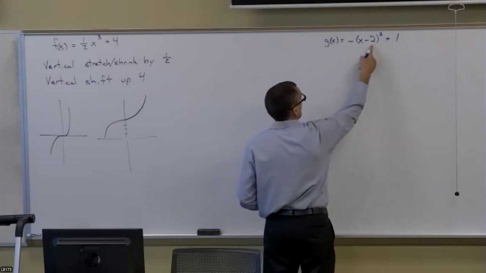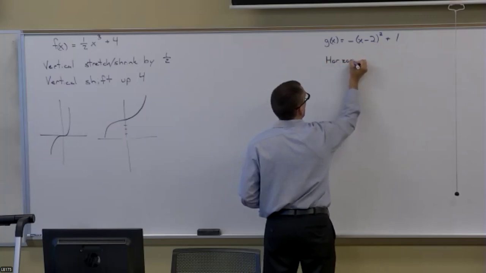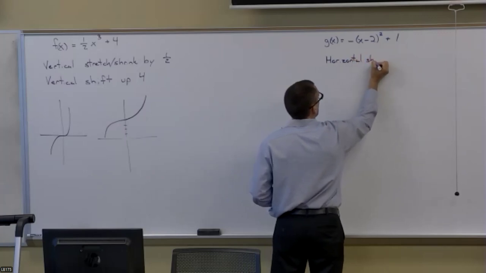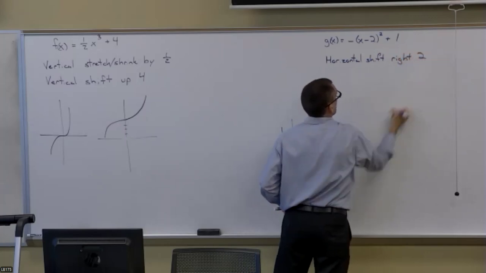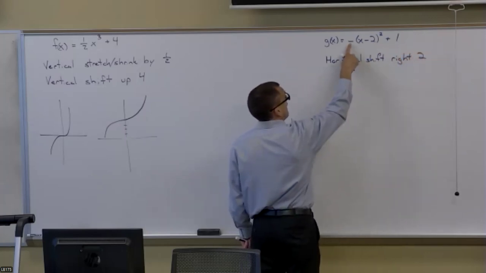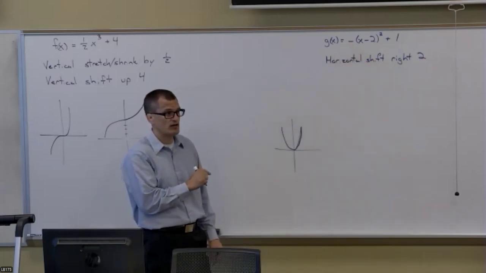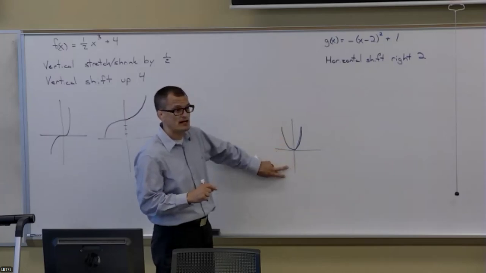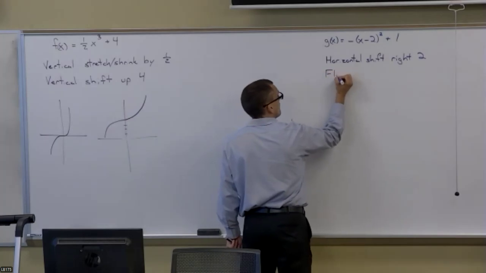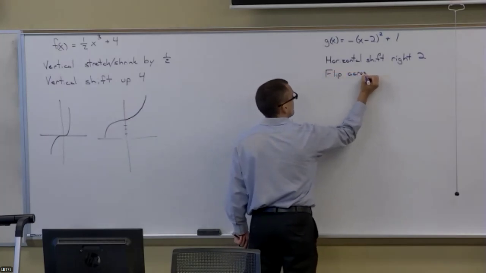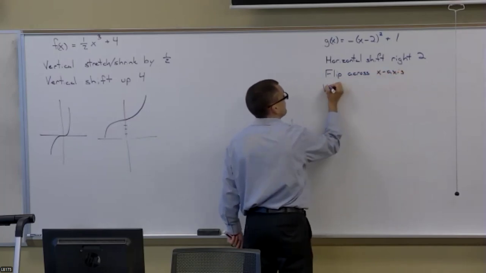This is a horizontal shift right by 2 units. And then I would flip. That negative is on the outside, so I'd flip across the x-axis. And then do a vertical shift up.